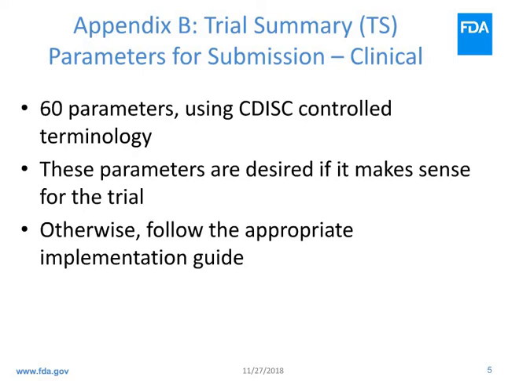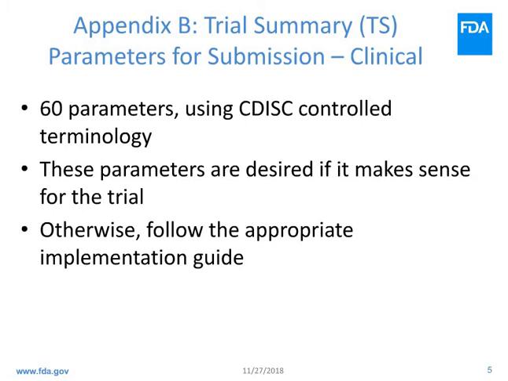Our first new appendix is Appendix B, Trial Summary Parameters for Submissions for Clinical. There are 60 parameters indicated in this appendix.